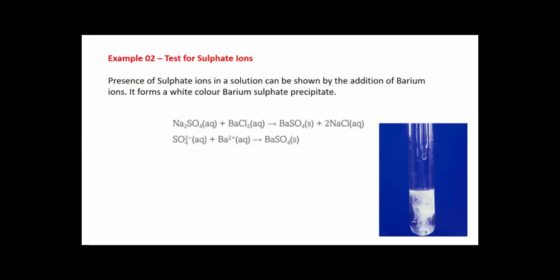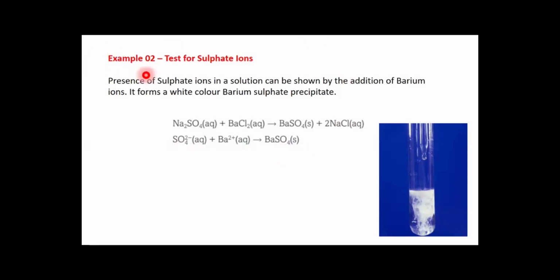What is that precipitate? Barium sulfate precipitate. The sulfate ions in our solution reacted with the barium ions which we have added. So barium ions with sulfate ions will form barium sulfate solid. This is the ionic reaction that is happening in this test.